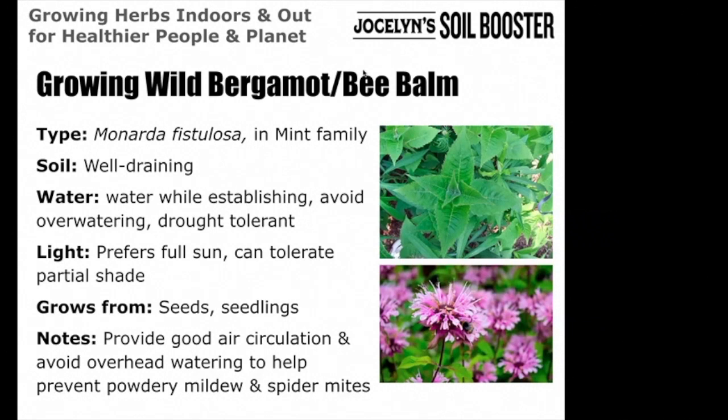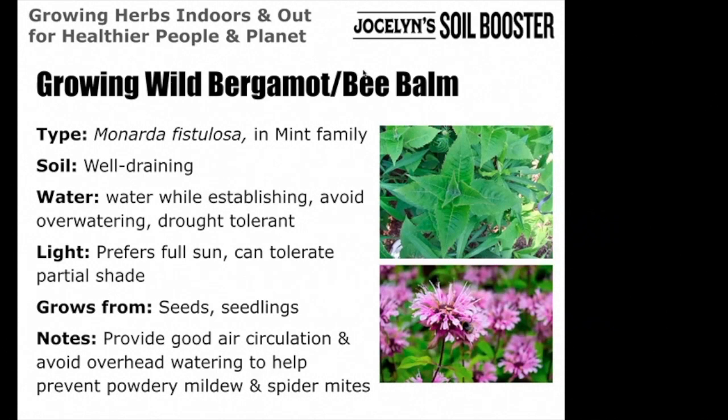So the first one, I've heard some of you already mention that you have some of these in your yard, is the wild bergamot, also known as bee balm or Oswego tea. There's a few other names for it. The bees love it, which is why one of the names is bee balm. So it's really great for pollinators. It's in the mint family.